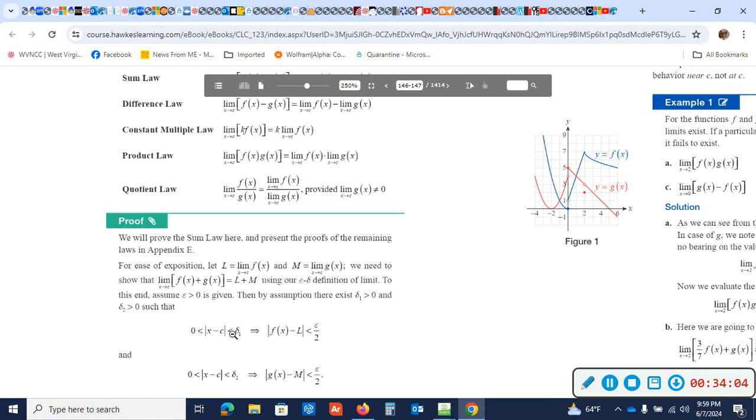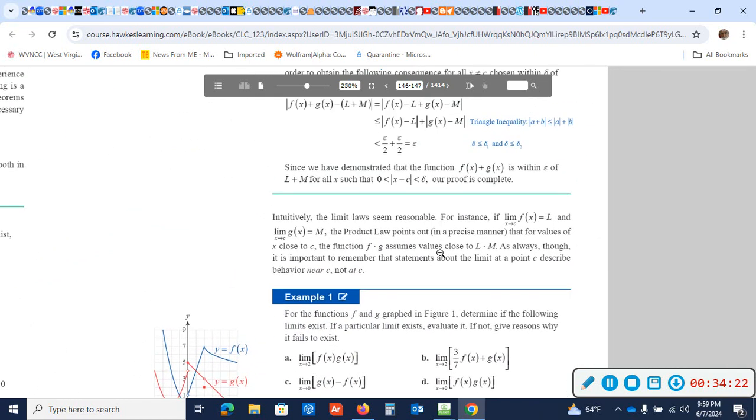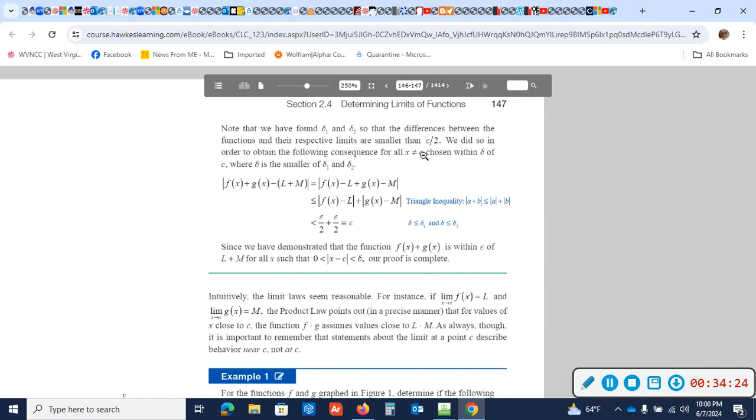And the idea is whatever epsilon you pick, take half of that and find a delta value for the first function for half epsilon, and find a delta value for the second function using half epsilon, and then using those two different delta values, take the smaller of those. I would write let delta be the minimum of delta 1 and delta 2.